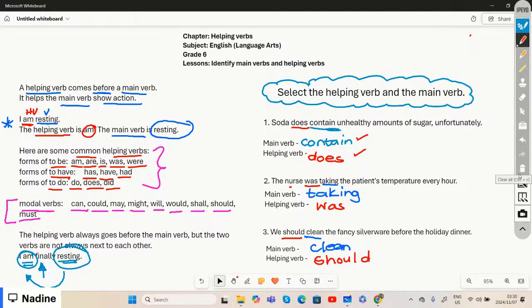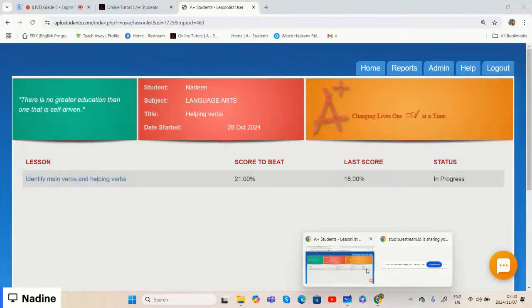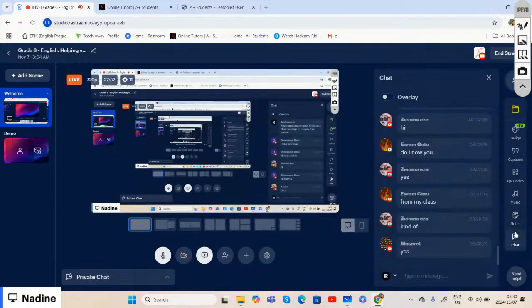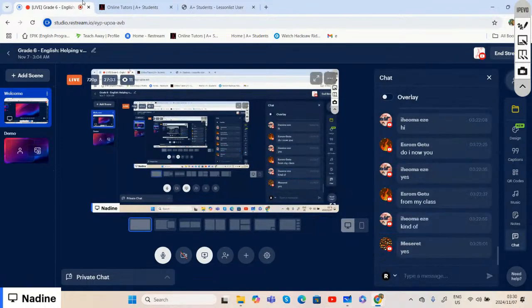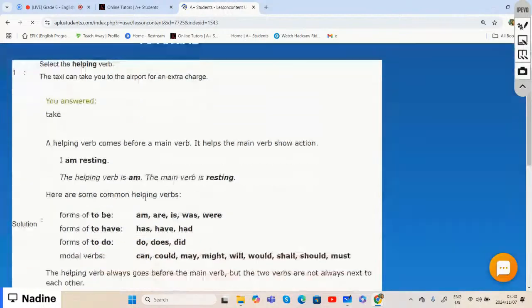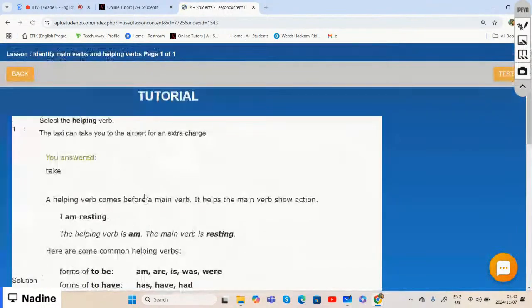So now we're going on to aplusstudents.ca. We're probably going to do one more activity and then we are going onto our test. So we're going to identify main verbs and helping verbs. Let us do these three more activities and then we are going on to our test.